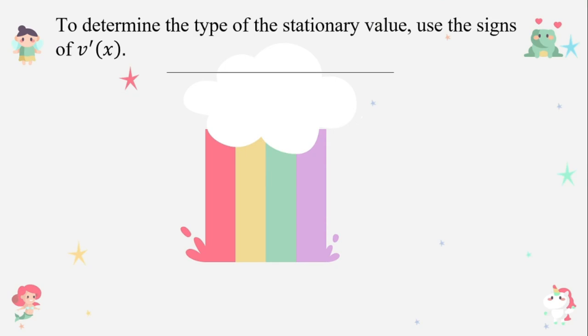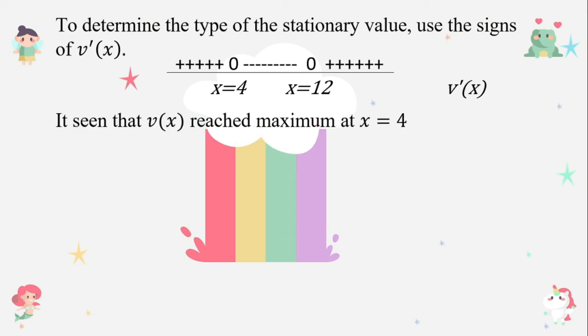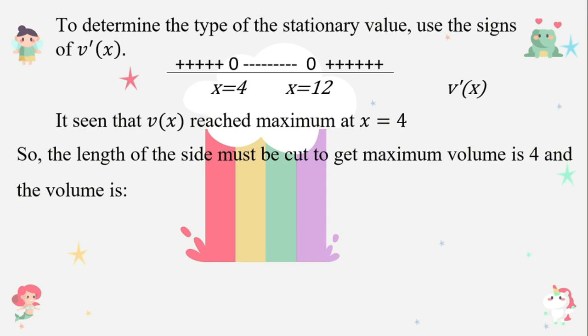To determine the type of the stationary value, use the signs of V'(x). So we get the sign positive, then negative, then positive. It seems that V(x) reaches a maximum at x = 4.